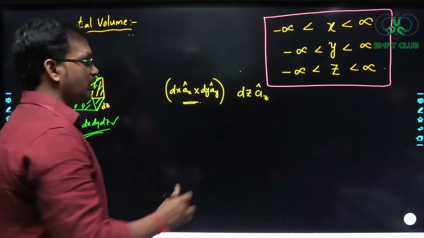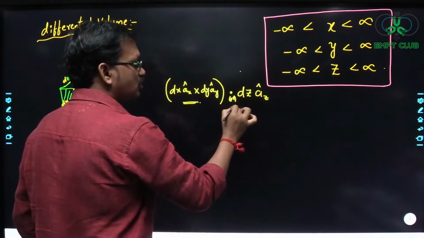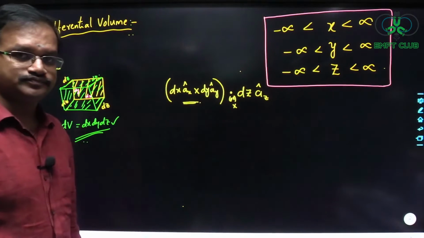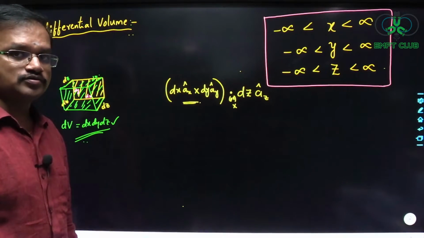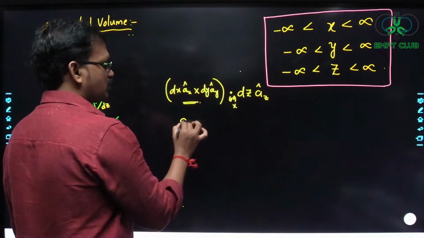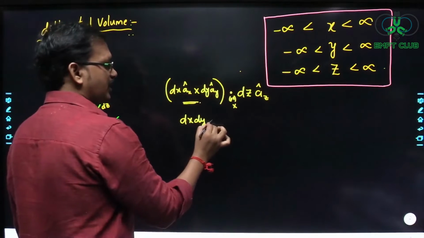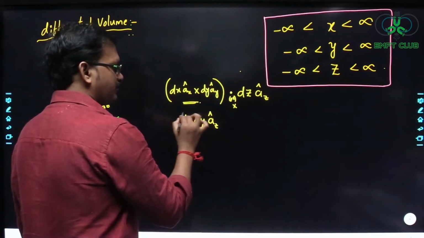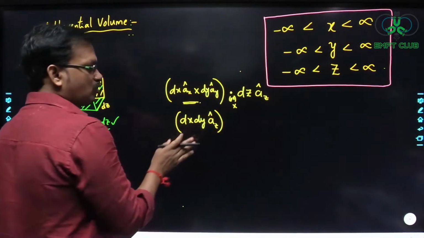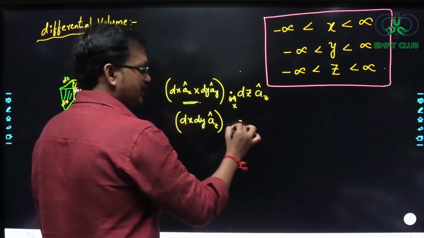So now here, do you have to do a dot product or a cross product? Which one do you have to choose? See here, dx ax cap cross dy ay cap, what are you going to get? Dx into dy, ax cap cross ay cap, which is nothing but az cap. Understood? Now you are extending this surface along z direction by dz units.